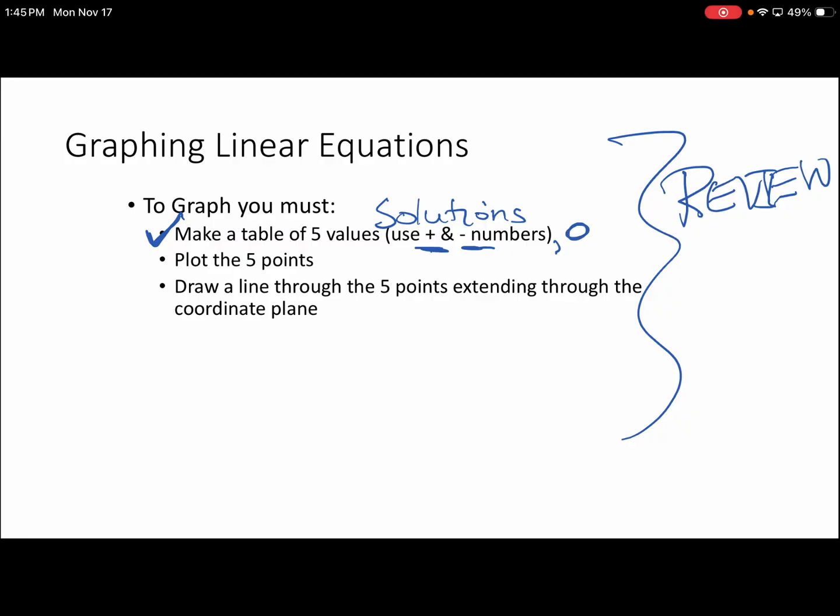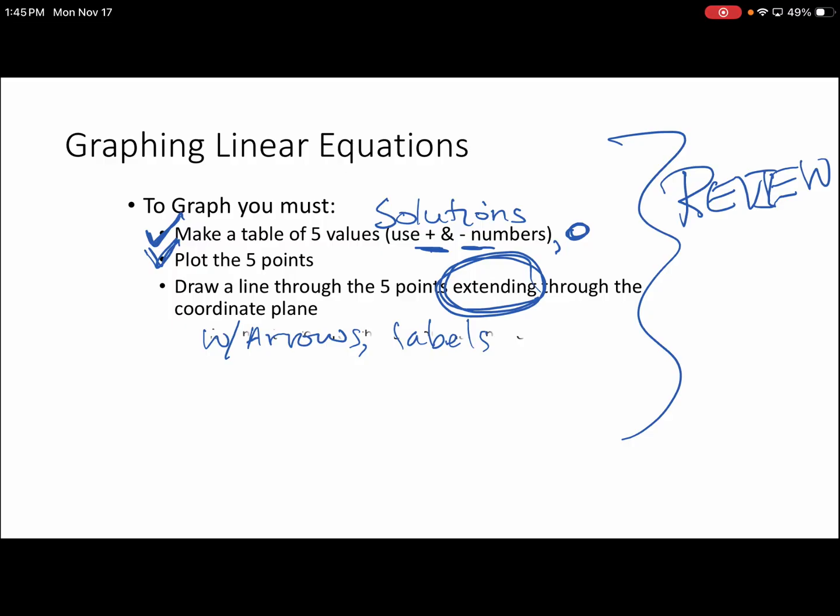Always has to use 0. You're going to plot them on the grid. You're going to draw the line all the way through the graph. Extend it all the way with arrows and labels. Don't forget. Exactly what we did in class on Friday. That's just kind of like a step-by-step guide, what you got to do.